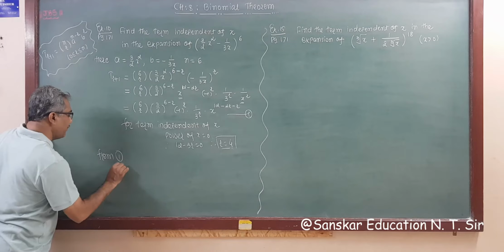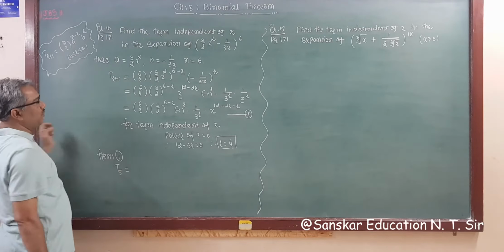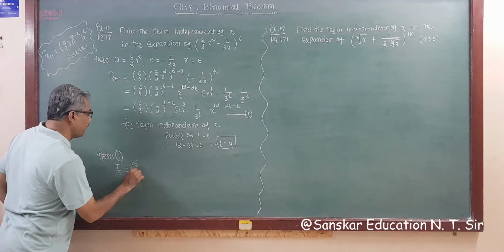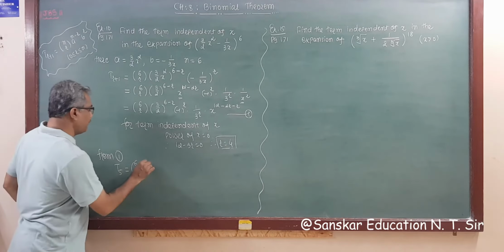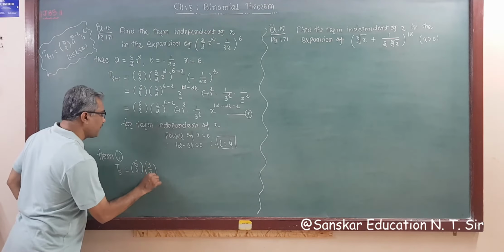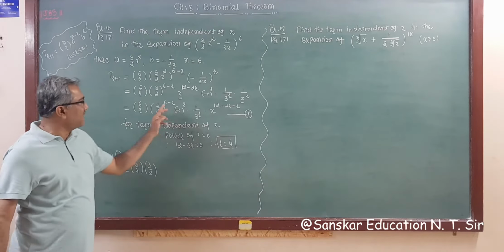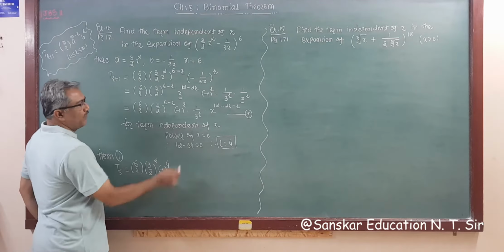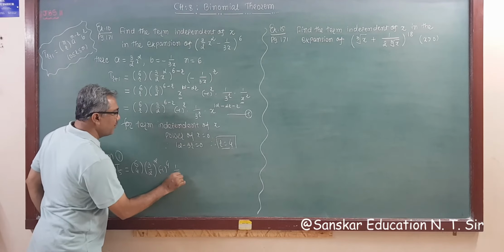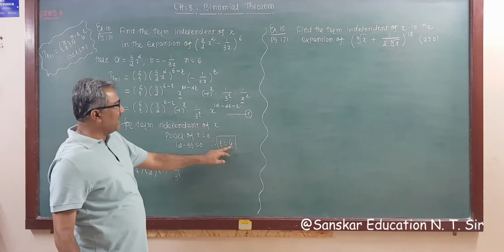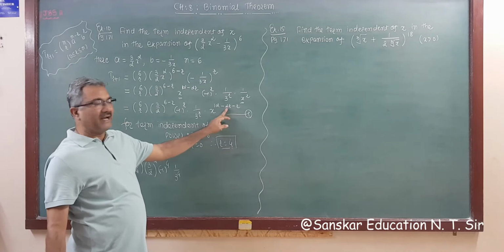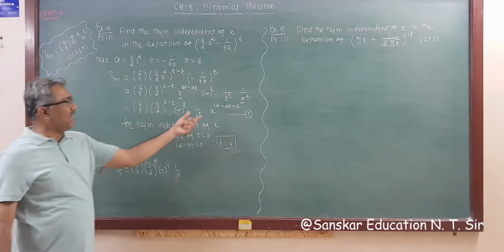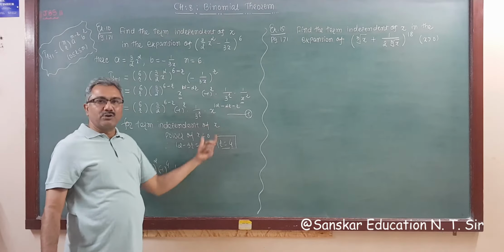So t5 is equal to 6Cr, r is 4, so this is 6C4 into 3/2 raised to 6 minus 4, that is 2, into -1 raised to 4, into 1/3 raised to 4. And if we substitute r equal to 4, the power is 12 minus 12, which is 0. So this is x raised to 0. That's why we take the power of x equal to 0.